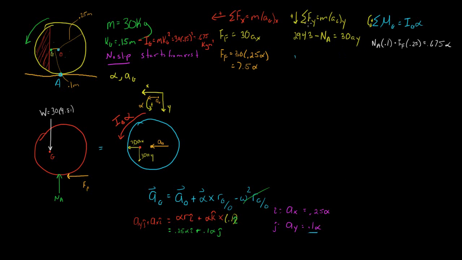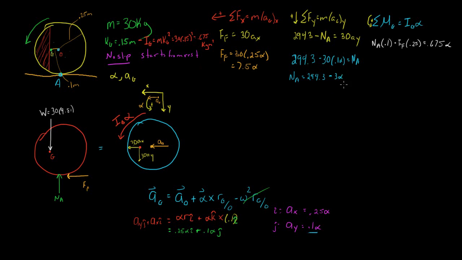So I have 294.3 minus 30 times 0.1 alpha is equal to my normal force. What I did, I moved this to the other side of the equation, and I switched these two. So this becomes a minus and this becomes a plus. And this normal force right here is going to be equal to 294.3 minus 3 alpha.